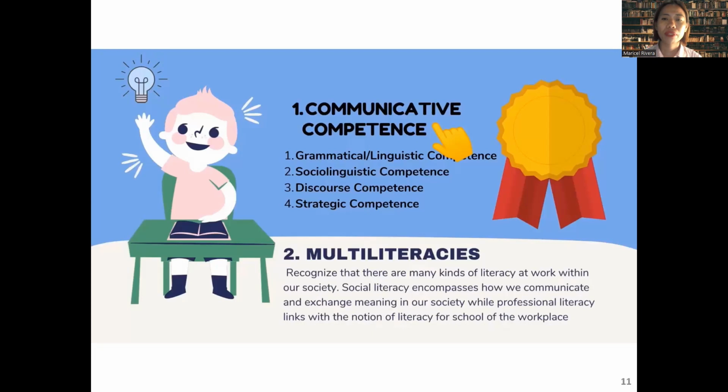The strategic competence is actually our skill on how to solve language gaps. If there are language gaps, how could we be able to solve them? That is strategic competence. You have to plan and assess the effectiveness of communication.